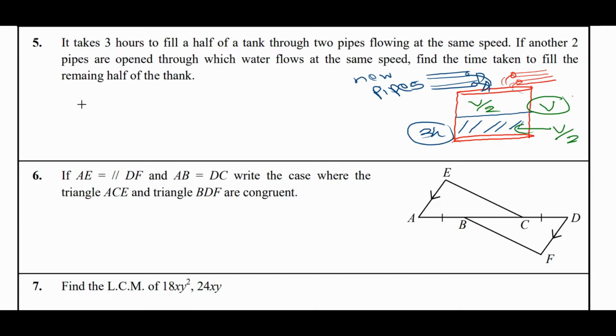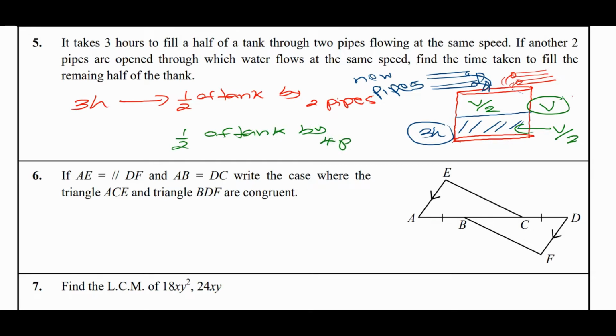For the first stage, I can write: it takes 3 hours to fill the half of the tank by 2 pipes, and we can clearly see the time spent to fill the half of the tank by 4 pipes with the same speed is 3 hours divided by 2.